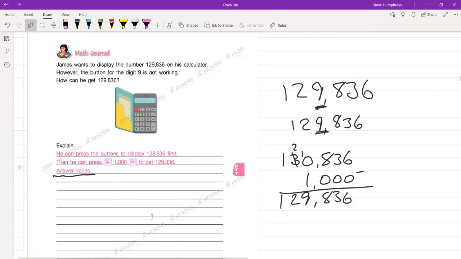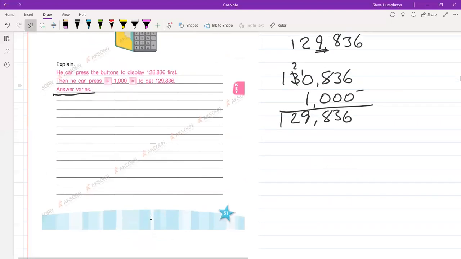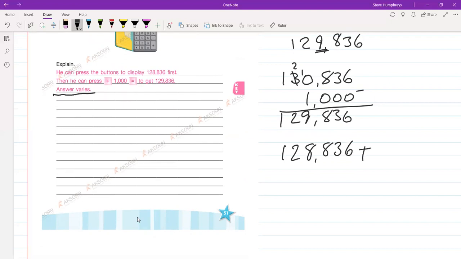another way. You could go below 1,000, below that number. Okay? You could do 128,836 plus 1,000. Okay? This is the way I worked it out. 3, 6, 3, 8.